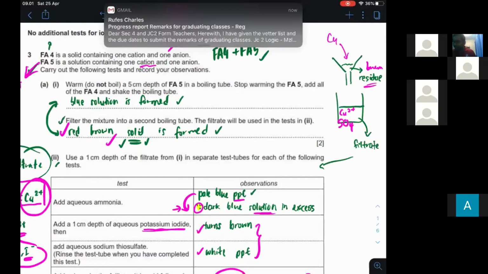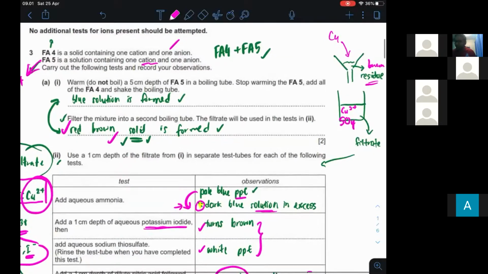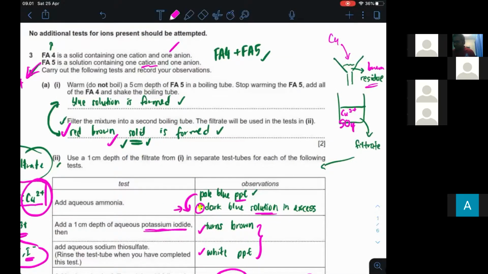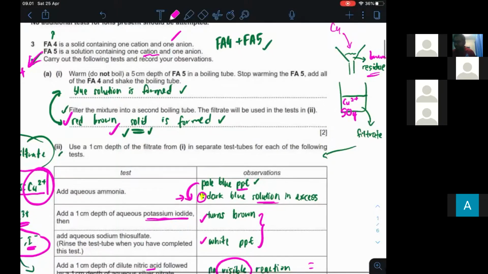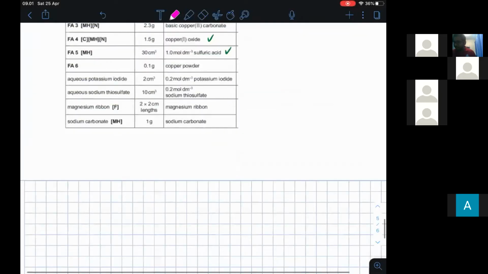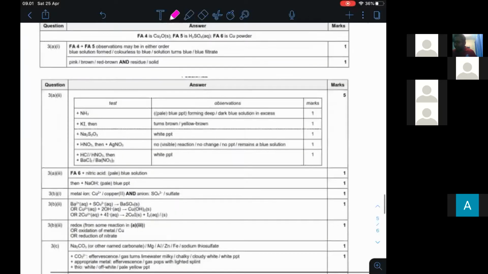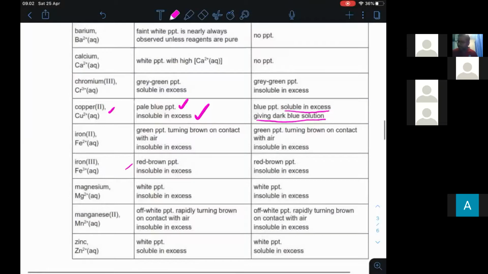What happened over here is they didn't ask you to investigate further, and they didn't ask you what FA4 is, or what FA5 is. But if you look at the answers given, this is prepared for you. It's copper(I) oxide and sulfuric acid. Towards the end, we already know that this is going to be sulfuric acid.